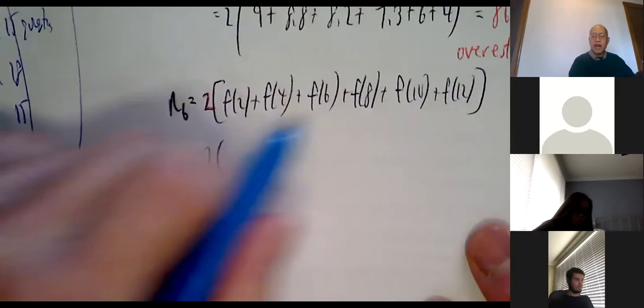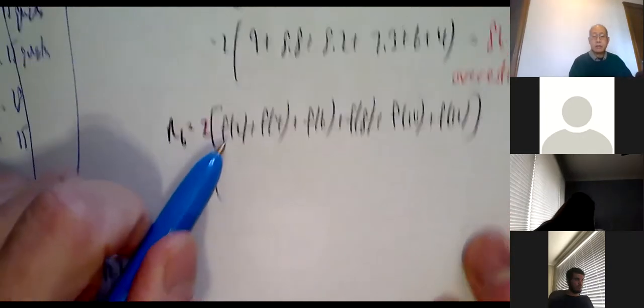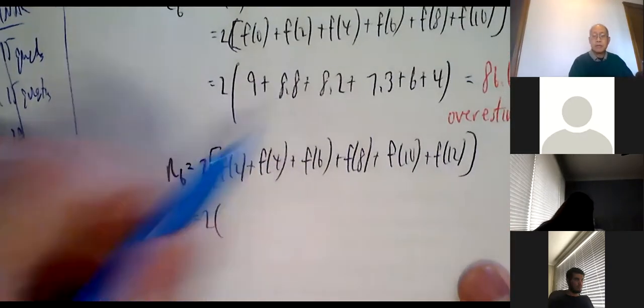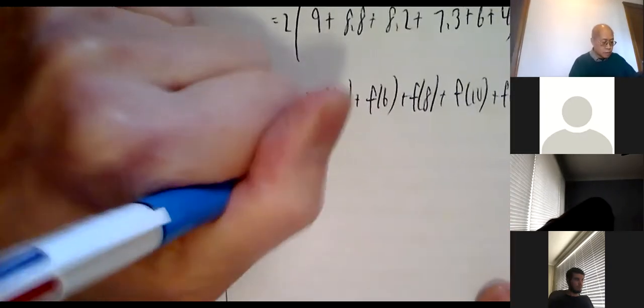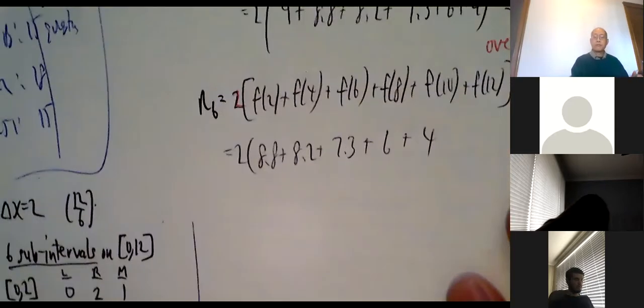Okay. But 5 out of the 6 I already got. So why don't I just peek over and copy 8.8, 8.2, 7.3, 6, and 4, right?